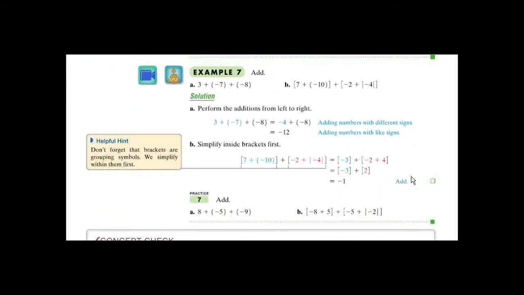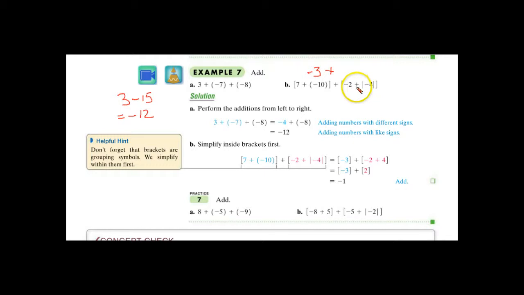Okay, example 7. Now here's a technique that you might use. Add your two negatives. That's going to give you a negative 15. And you have a plus 3. That will give you a negative 12. Now here in this bracket, we're going to end up with a negative 3.